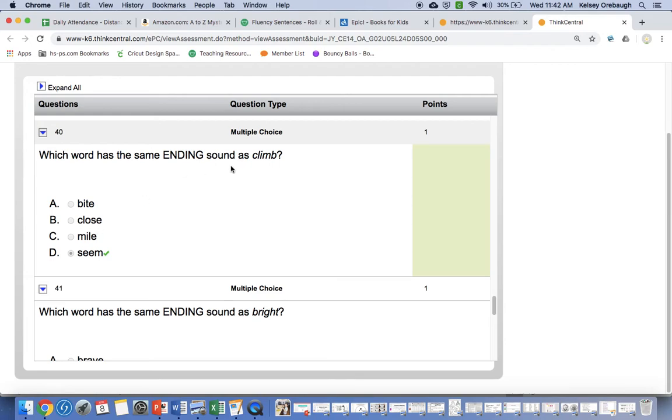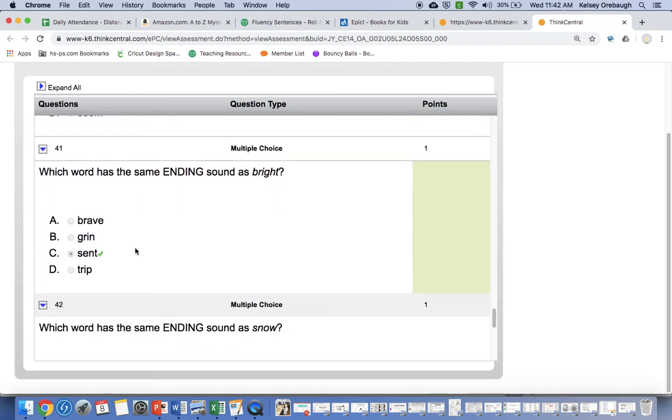Close. Close ends in the Z sound. Climb ends in the M sound. They don't end in the same sound. Mile, climb. Nope, not the same ending sound. Seam, climb. Do they have the same ending sound? Yes, they do.